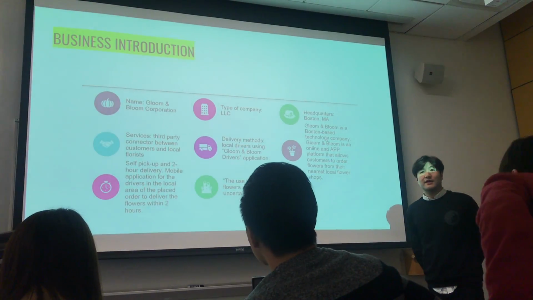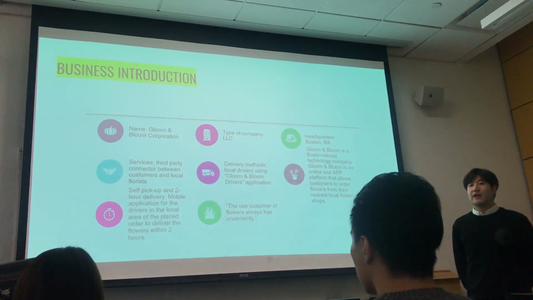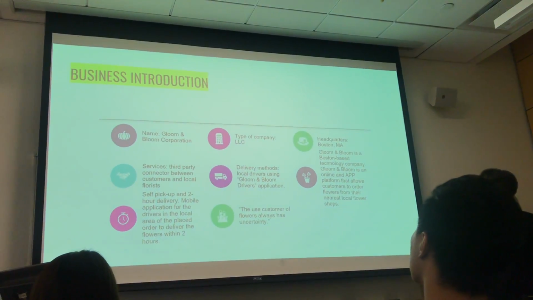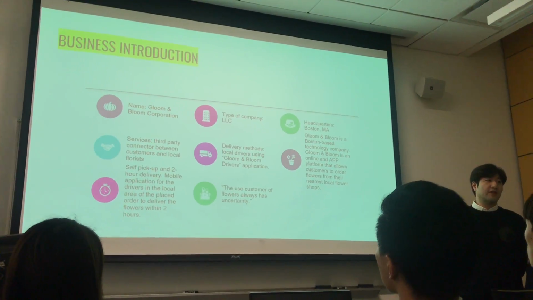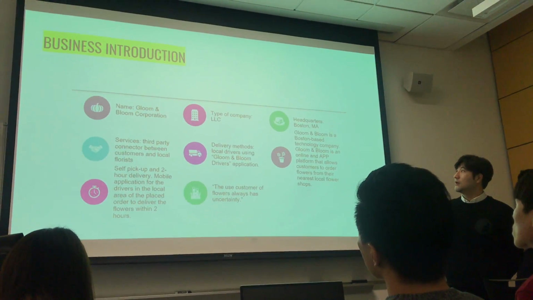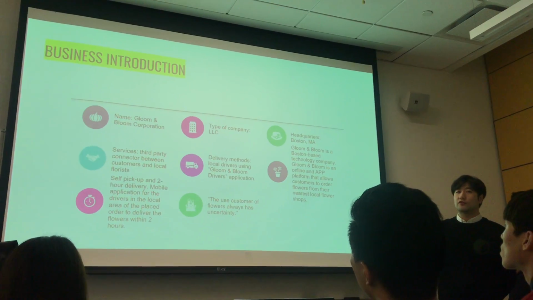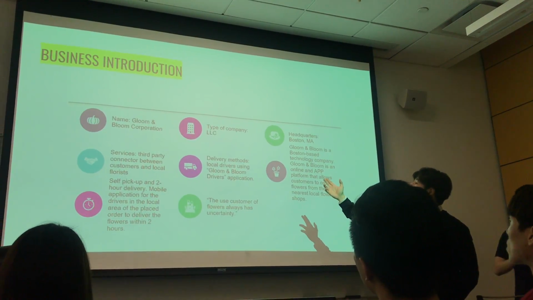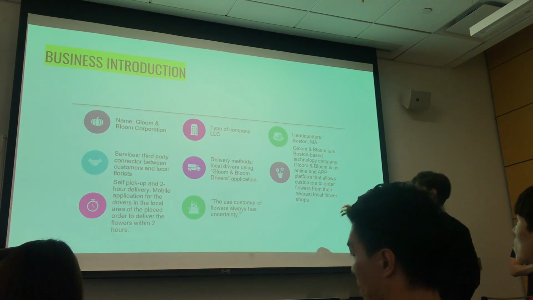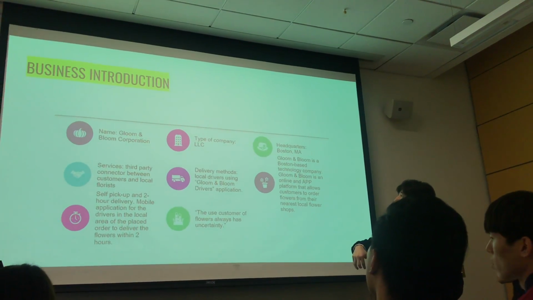The type of the company is LLC. The reason why we choose the LLC is because we want to avoid double taxation. And secondly, the LLC is really easy to convert the company form.